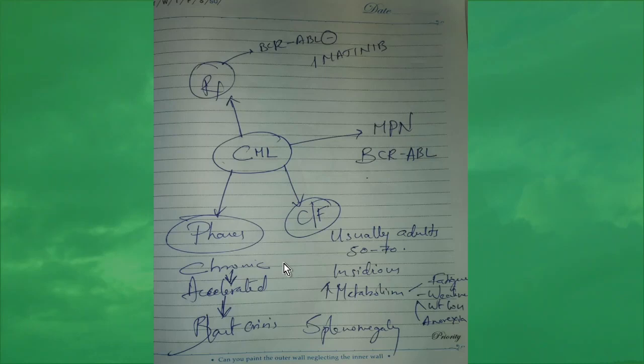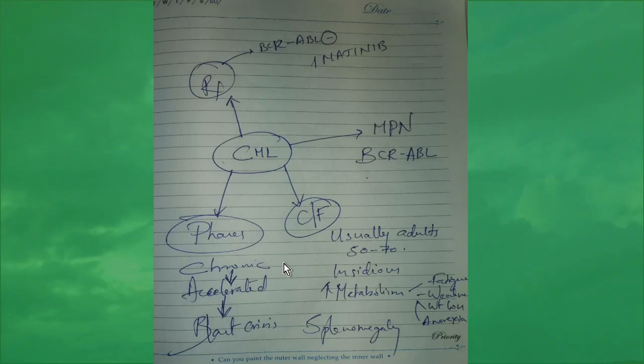You call something an accelerated phase when basophils are increased, or the blasts also increase, but less than 20%. Then almost all CMLs end up in blast crisis. You can call something blast crisis only when there is more than 20% blasts in marrow or peripheral blood.